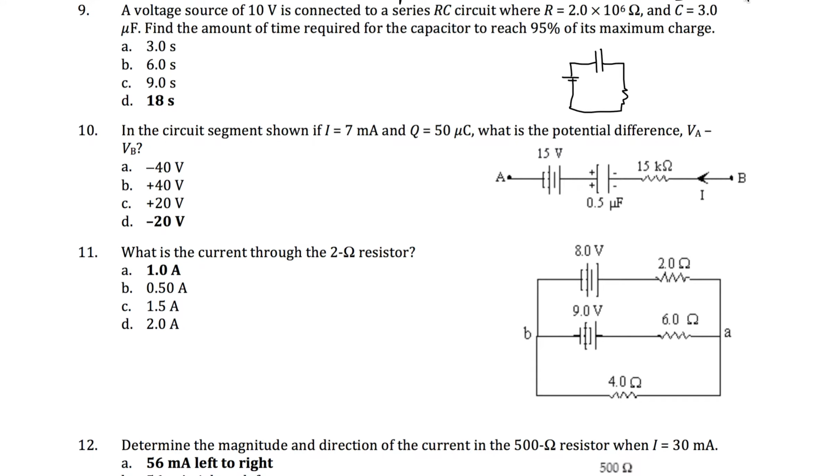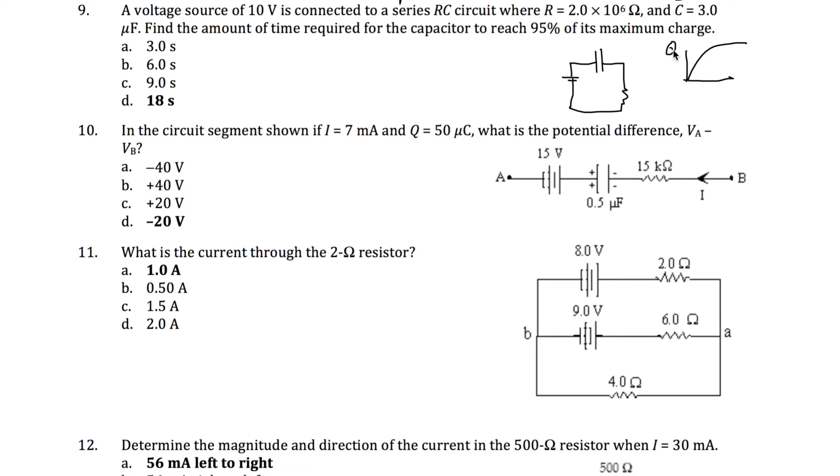So we know that when you're charging the capacitor, initially you're not going to have any charge on it, and then it's going to charge up to the maximum charge.